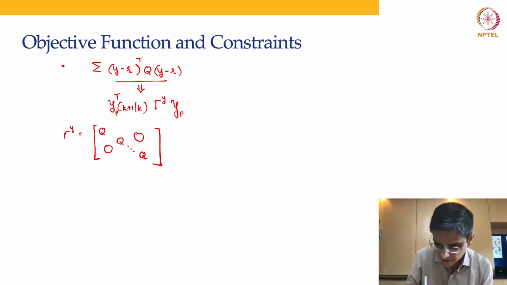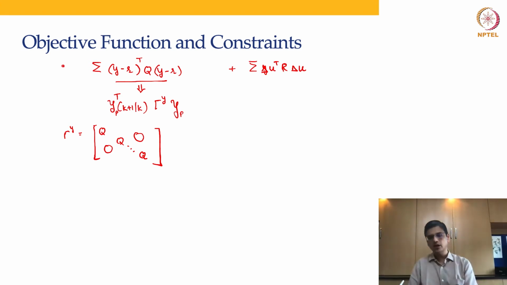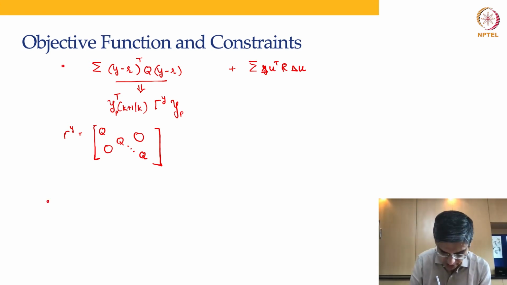Okay, and likewise you have plus summation delta u transpose R delta u, and same way about R as well. Okay, so that's about the objective function. The constraints: the input constraints are of the form u min less than or equal to u_k less than or equal to u max.